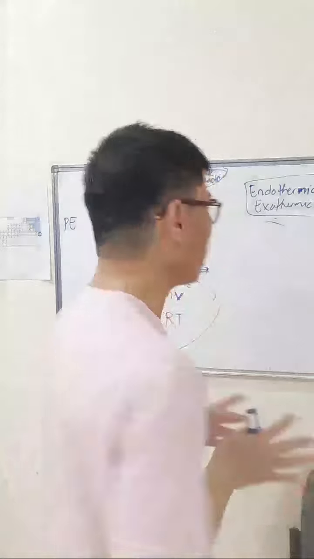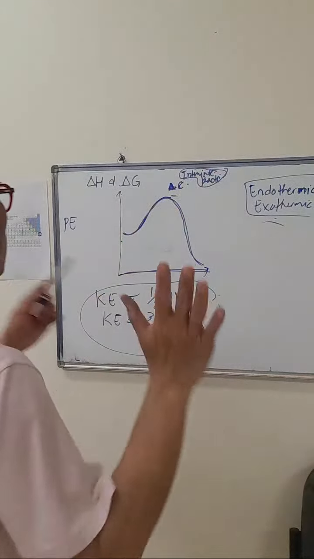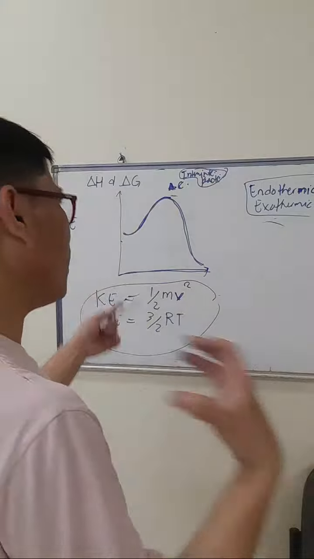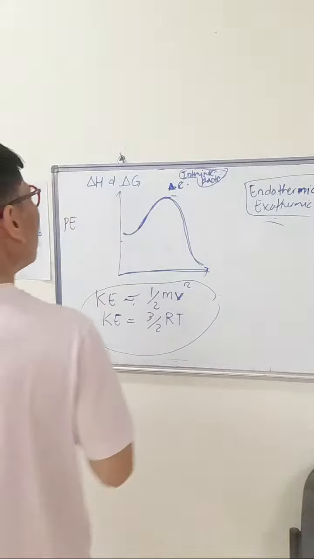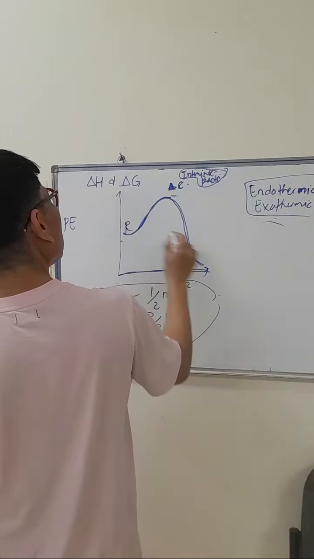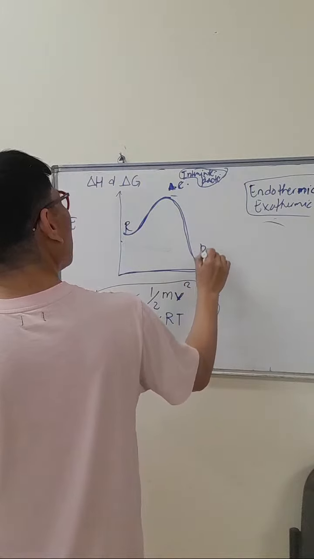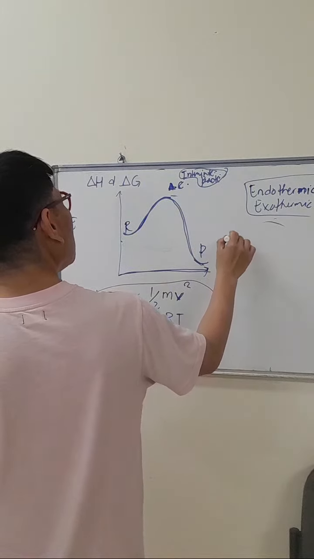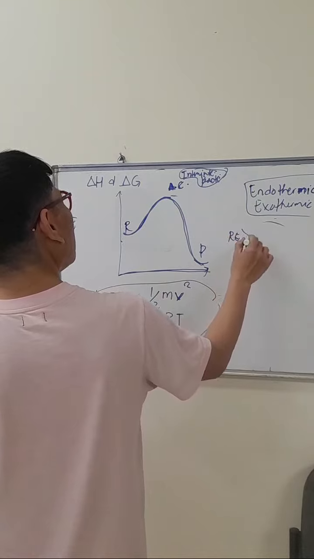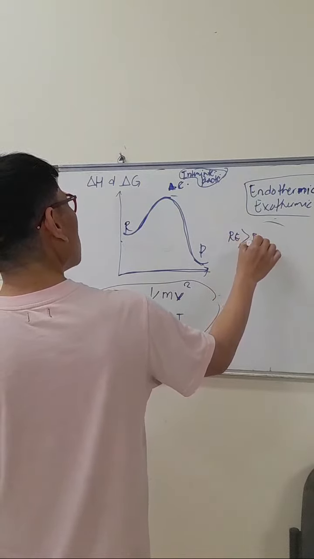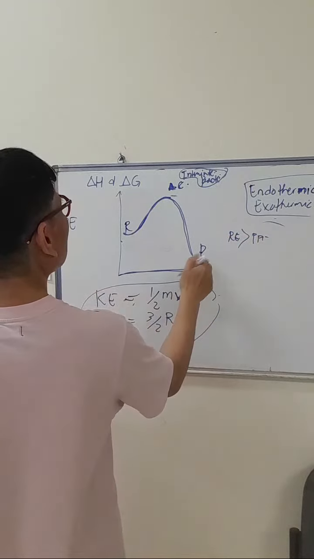These are the scientists behind chemical reaction kinetics. Okay, but we don't touch kinetics, but it's related a little bit. Okay, get the point. And then R here, and I have the product. So meaning to say, the reactant potential energy is higher than the product potential energy. Now our delta H will be here.